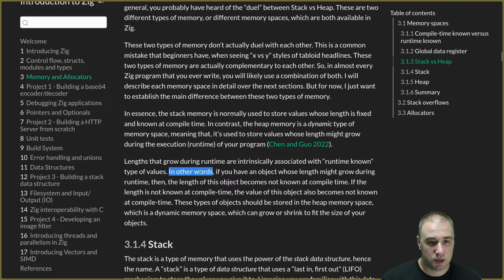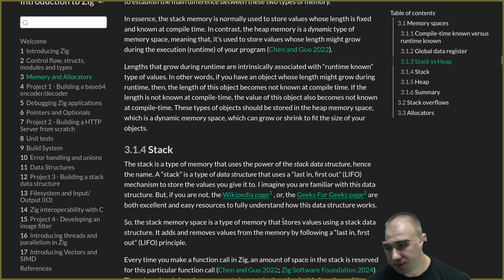In other words, if you have an object whose length might grow during runtime, then the length of this object becomes not known at compile time. If the length is not known at compile time, the value of this object also becomes not known at compile time. These types of objects should be stored in a heap memory space, which is a dynamic memory space which can grow or shrink to fit the size of your objects. Simple.